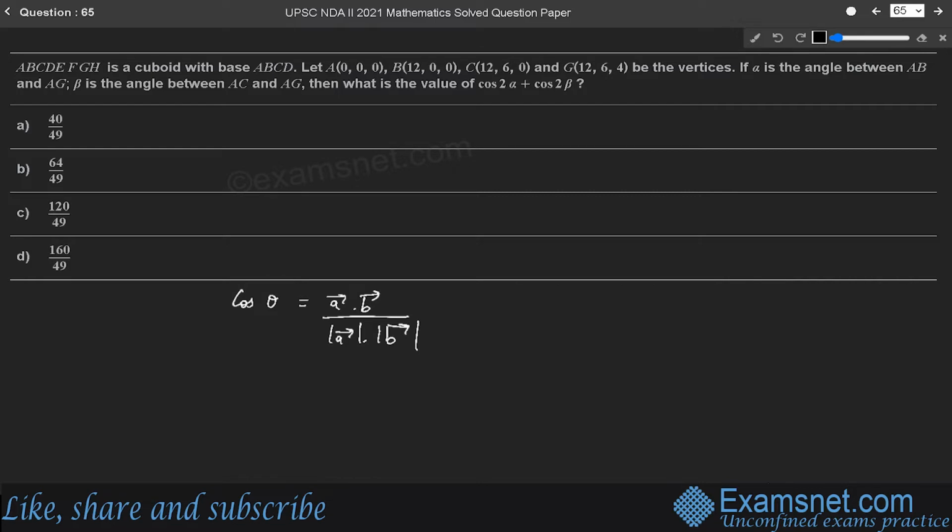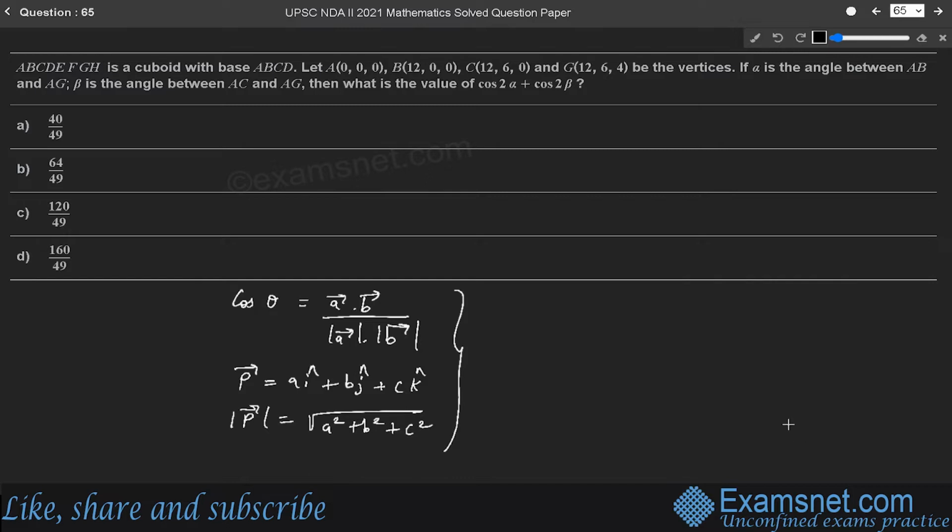And we also know that if P vector equals a i cap plus b j cap plus c k cap, then its magnitude is the square root of a square plus b square plus c square. So these are the basic concepts which will be used in the question.